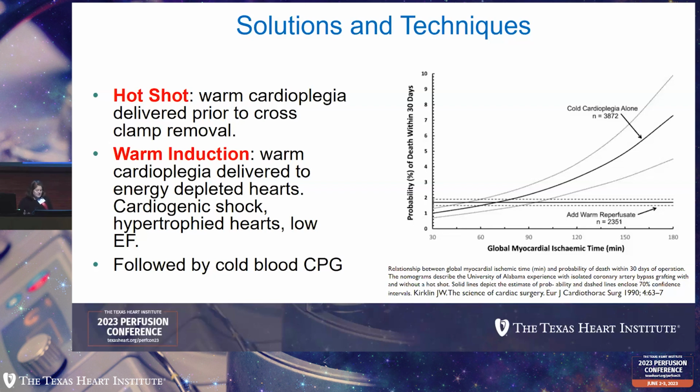Also, a warm induction dose, a brief infusion of warm oxygenated cardioplegia solution, can be used as a form of active resuscitation for an energy depleted ischemic heart that must undergo a very long cross clamp time. Normothermia optimizes the rate of cellular repair, and the enrichment with amino acid precursors of the Krebs cycle intermediates, such as aspartate and glutamate, improve oxygen utilization capacity. Therefore, it helps repay that energy debt prior to the cold ischemic arrest.